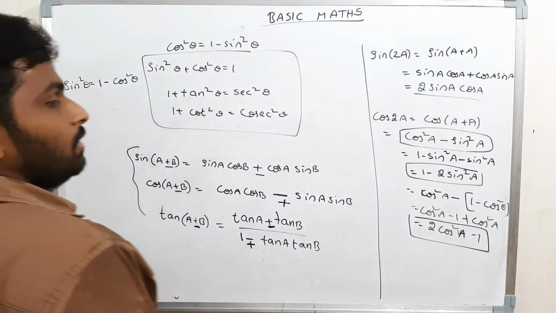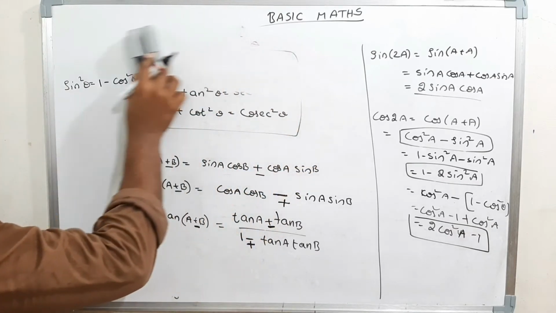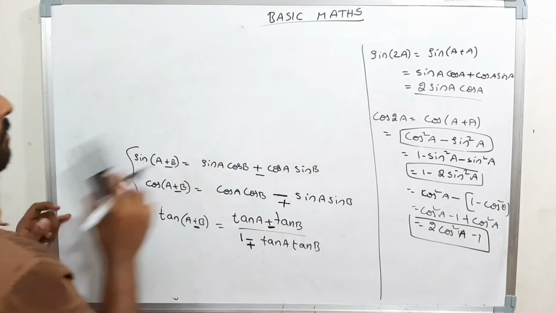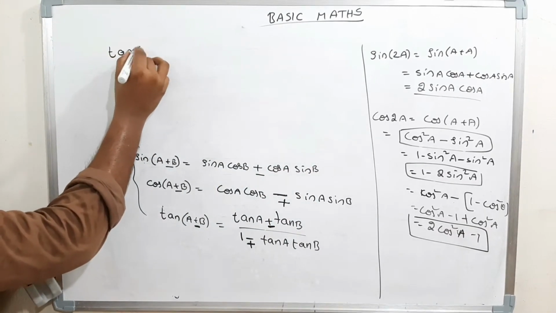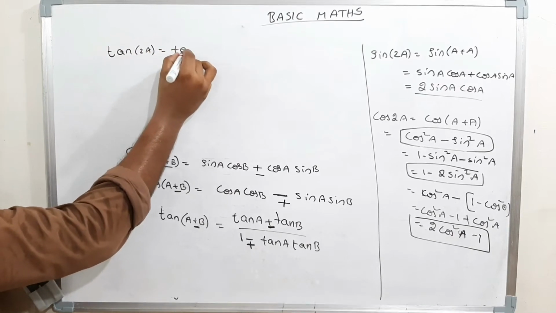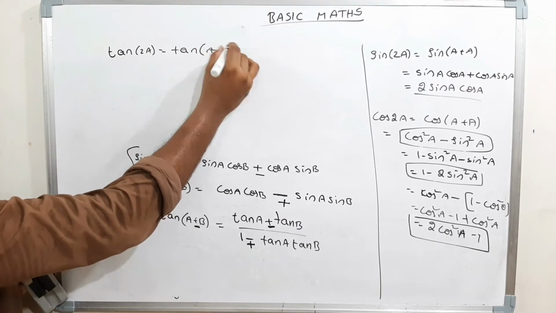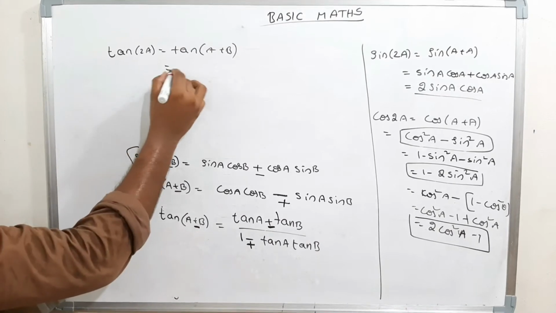Okay. Now what is the next one? Tan 2A. Tan 2A is nothing but the same here also. Tan(A plus A). Use the same formula. What will you get?